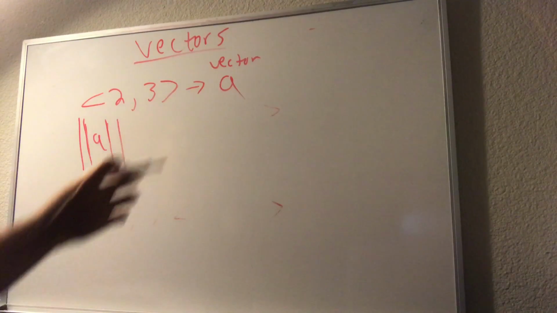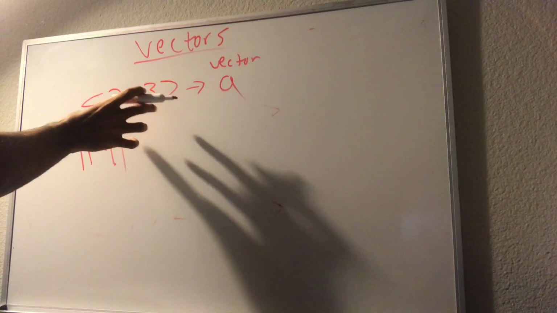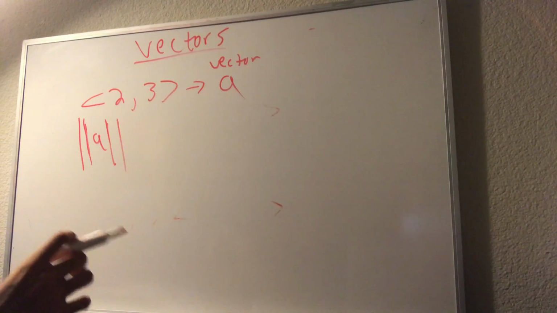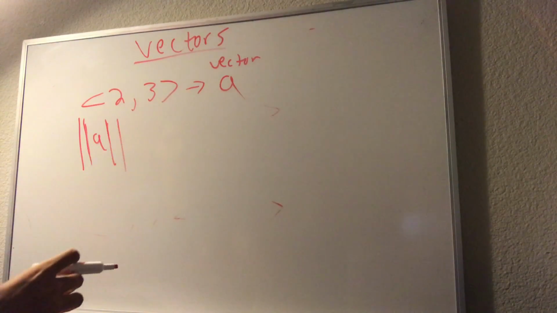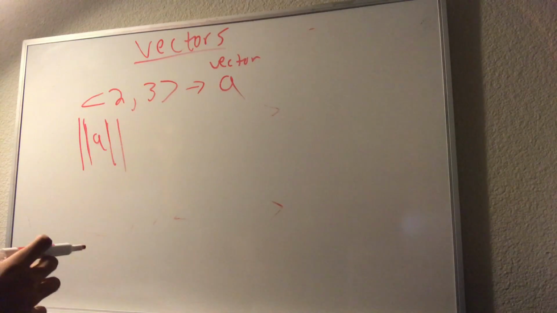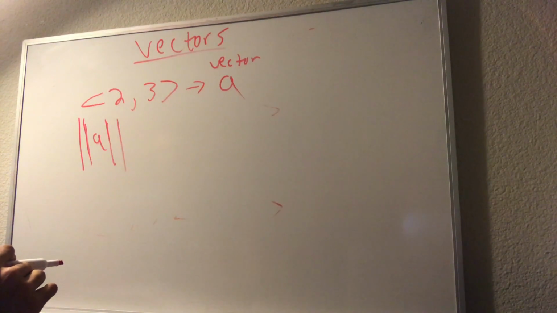And again, this defines the specific vector that has 2 units as the horizontal component and 3 units as the positive vertical component. The magnitude is the length of the vector. When we talk about the length, we're really just talking about the Pythagorean theorem.